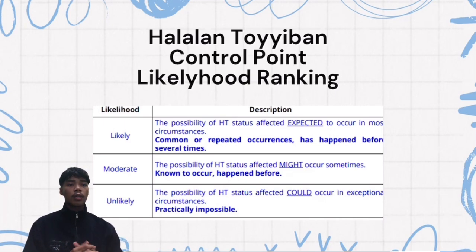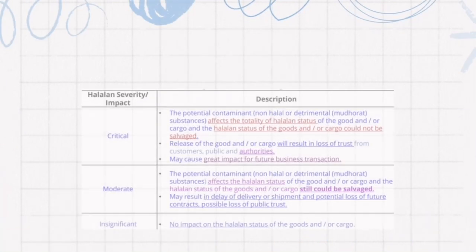For moderate, the possibility of halal Thayyiban status being affected might occur sometimes, which is known to have happened before. So the third one is unlikely. The possibility of halalan status being affected could occur in exceptional circumstances, which is particularly impossible.